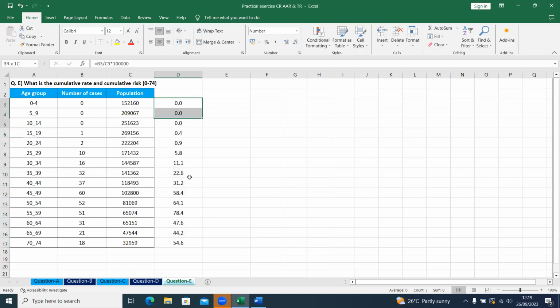Okay. Now, next step. What is the next step? Five into the sum of age specific rate. So we have to sum up. I will sum up here. This is the addition of age specific rate from the age group 0 to 74.